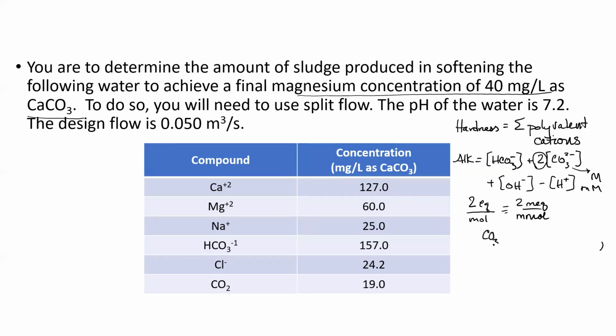Because carbonate can accept 2 protons to form carbonic acid. For bicarbonate, n is equal to 1, because it can accept 1 proton to form carbonic acid.